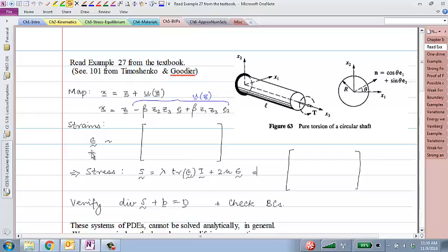All you need to do is to take the gradient of this displacement. This displacement has two components, one in E1 and one in E2.